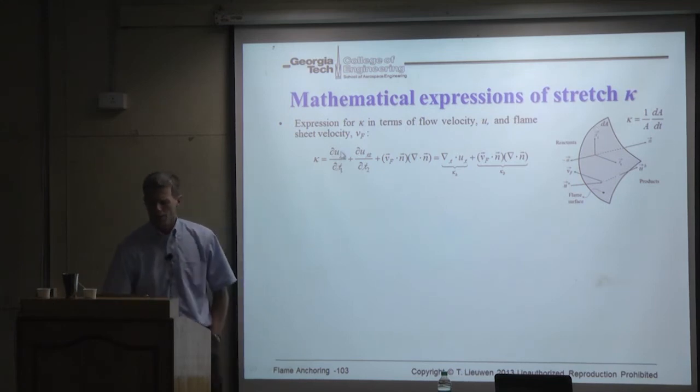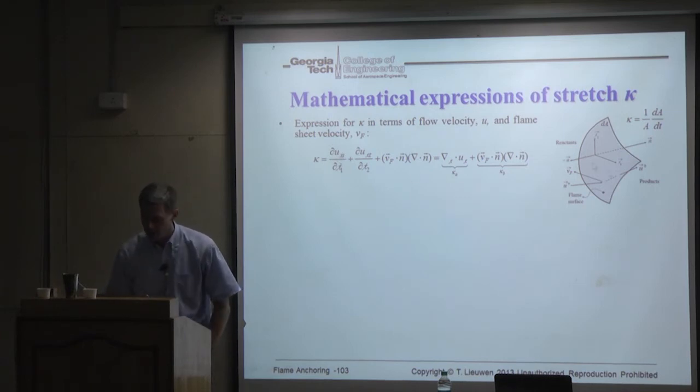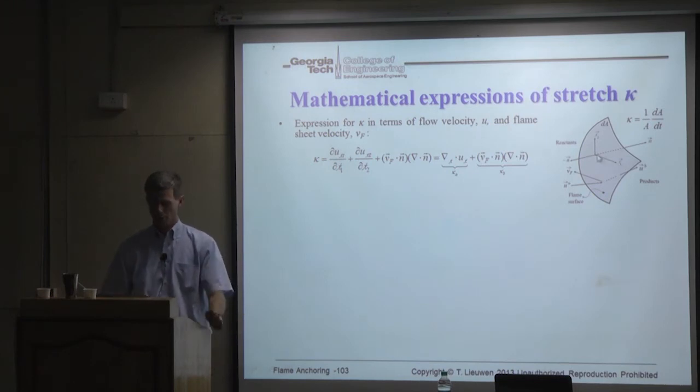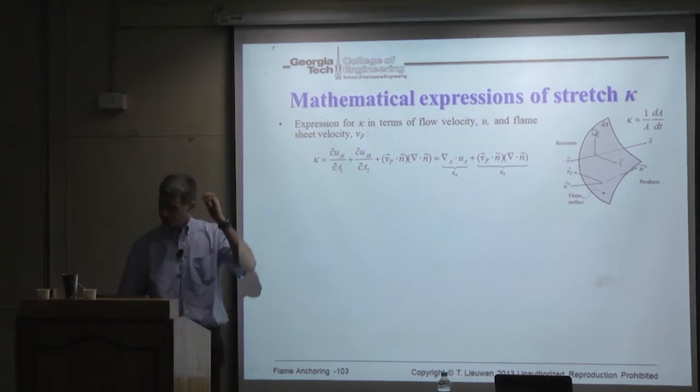And what you can see here is that the flame stretch rate is equal to the change of the tangential velocity in the t1 direction along the t1 direction. So in other words, if the velocity in this direction is changing, that's going to lead to a stretched flame, right? Or equivalently in t2, if the velocity in this direction is changing, that will lead to a stretched flame.